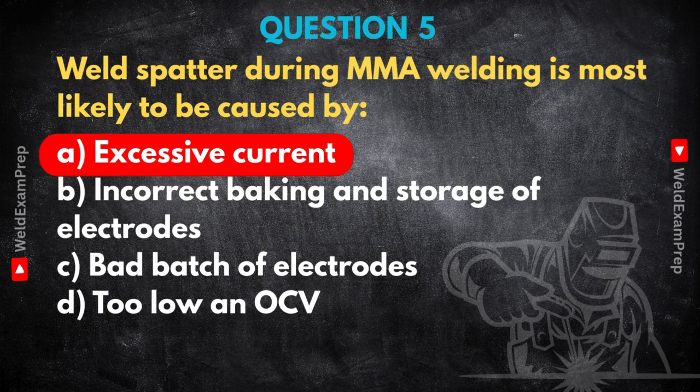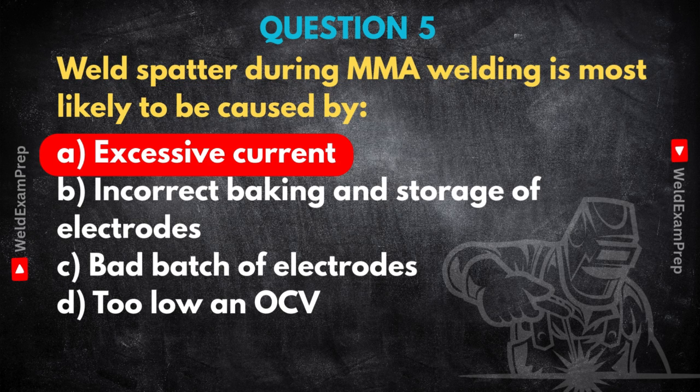A bad batch of electrodes could potentially cause spatter, maybe if the flux coating is faulty, but excessive current is a much more common, direct operational cause that the welder controls. And too low an OCV, open circuit voltage, mostly causes issues with starting the arc or keeping it stable. It doesn't usually cause more spatter. If anything, a weak, unstable arc might cause less, although the weld would be poor for other reasons.